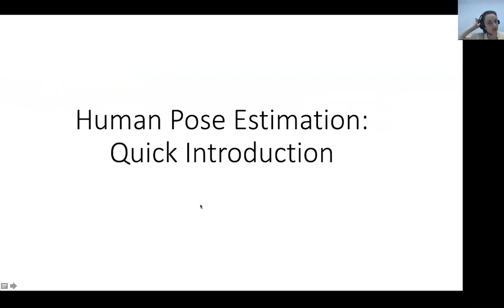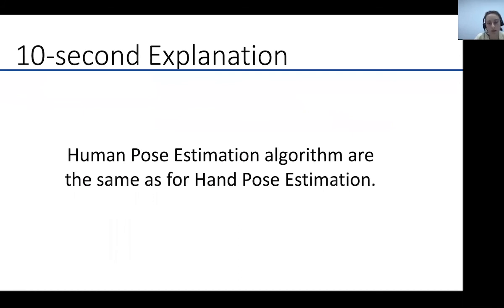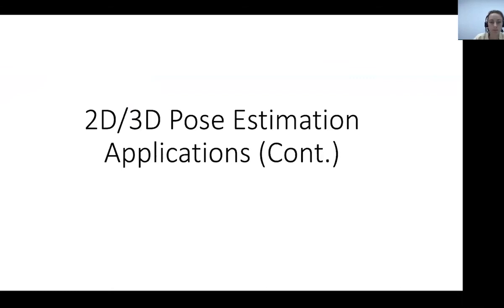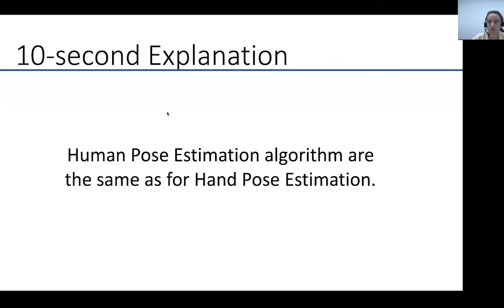And a very quick introduction to human pose estimation, which uses the same algorithms as hand pose. Even when I was working on my thesis, I used a lot of approaches from human pose estimation because human pose is much more popular than hand pose, and they have a lot of things. And maybe that's it.